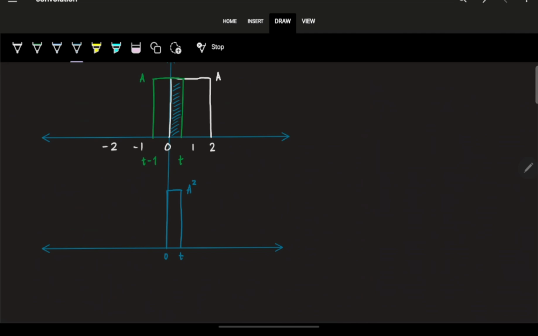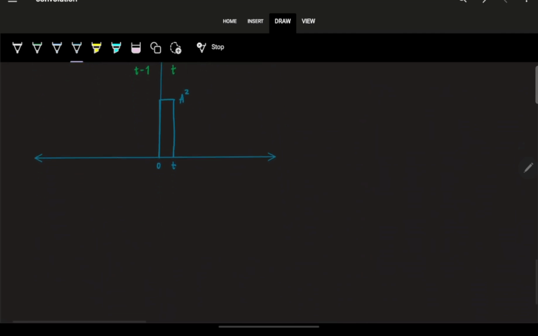So t minus 0, so that is t, meaning at this part, we have a squared times t. Okay? When t is between 0 and 1. Yan. Please take note of that.